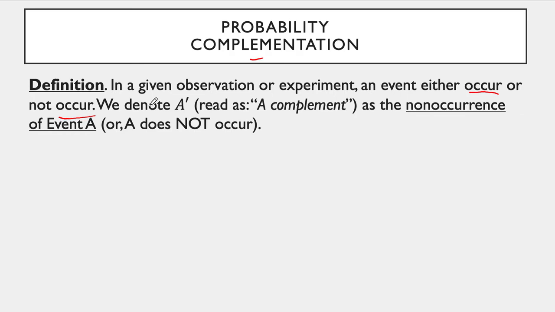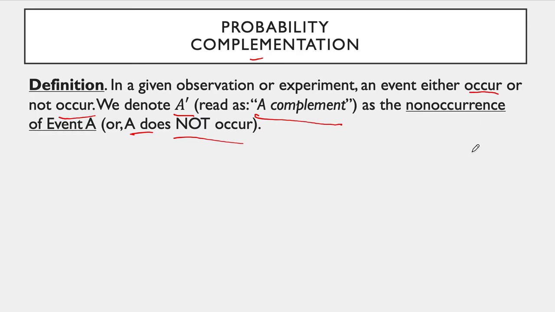Those are the only possibilities. So we denote the things that will not occur as a complement. We read this with this symbol here. It is the non-occurrence of an event A, or A does not occur.